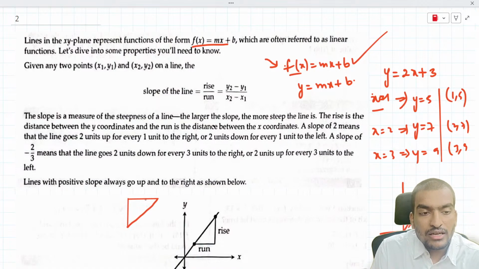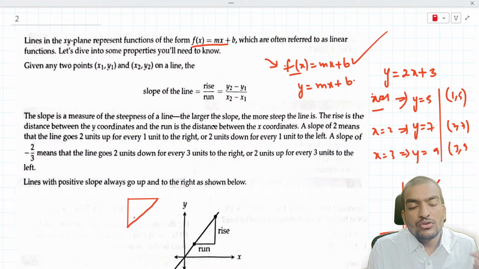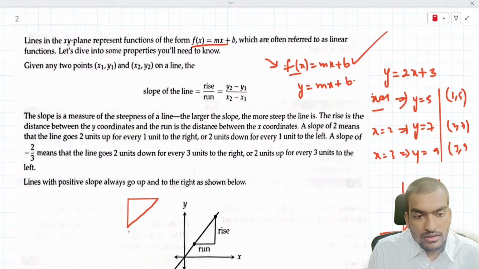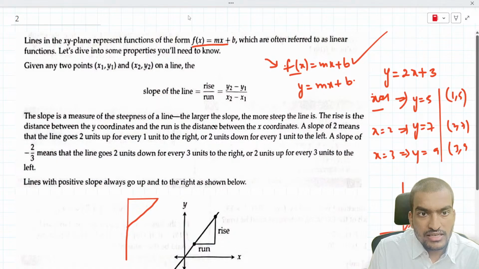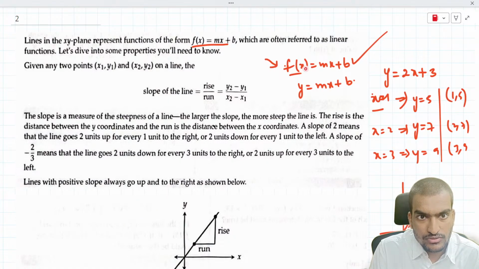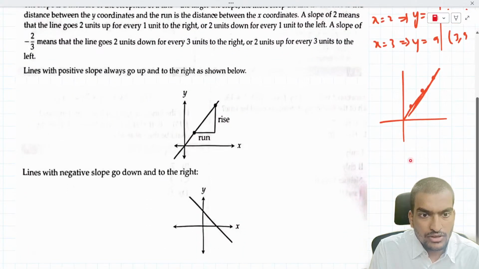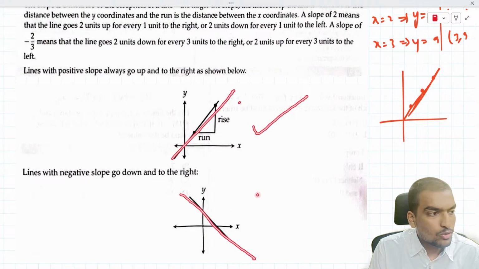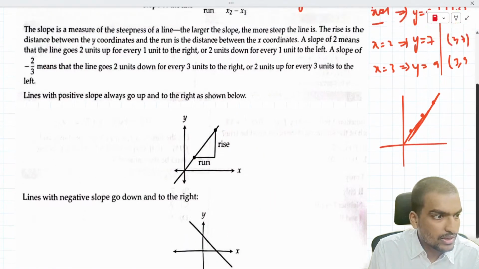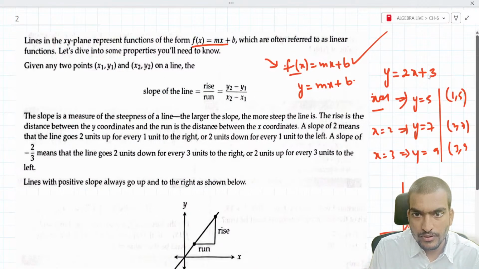For every 2 units down, it goes 3 units right. If you keep on going like that, you get a line, just like the way we did it in the previous one, which is 2 by 1. There is not much difference between that and this. And you can see clearly, a positive slope is moving upward, a negative slope is moving downward. I hope you know when we get a positive slope and a negative slope. We already discussed that.